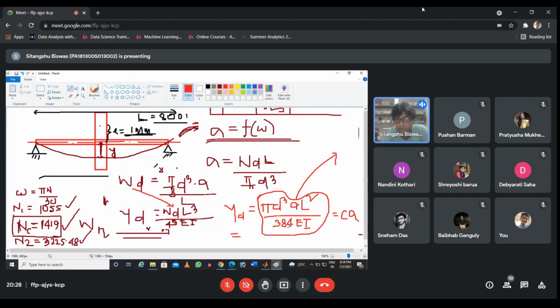Pi d cube L square by 384 E I, whatever it is. You put all those values: d will be in millimeter, L in millimeter, E in Newton per millimeter square, and I you already calculated.